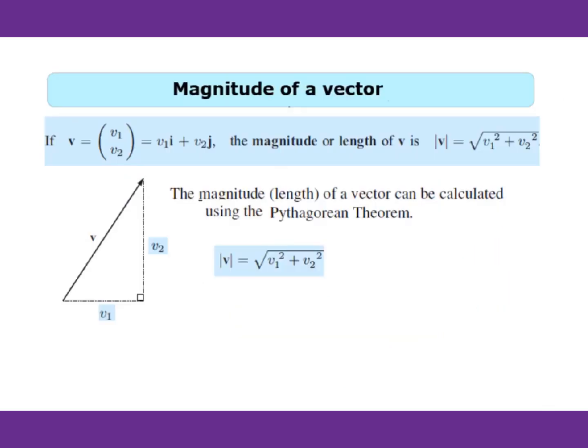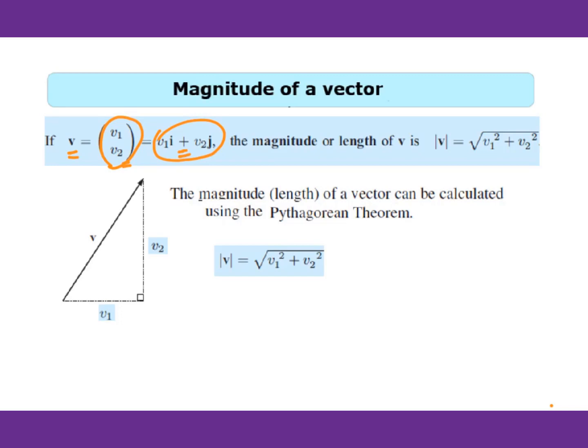How do we figure out the magnitude of a vector? This is the definition. Vector v in component and unit vector form, we can write like this and this. The magnitude or length of v will be the square root of v1 squared plus v2 squared.